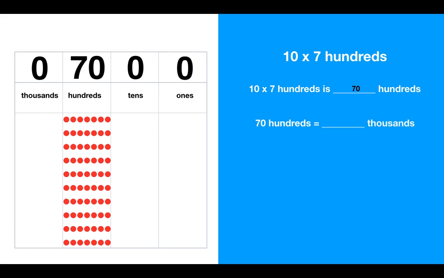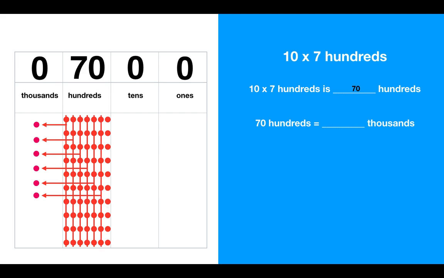But 70 hundreds is equal to how many thousands? Well, the first 10 hundreds make 1,000, the next 10 make 2,000, 3,000, 4,000, 5,000, 6,000, 7,000. We could say 70 hundreds is equal to 7 thousands.